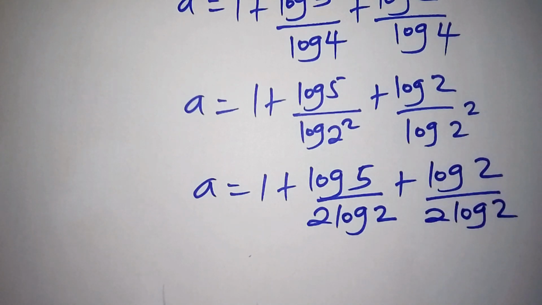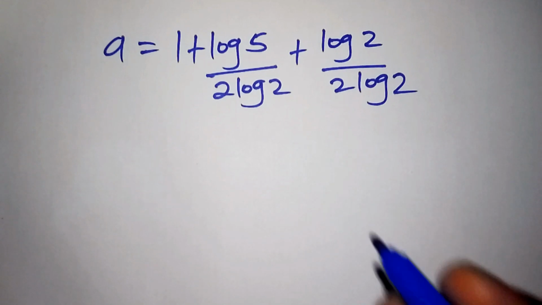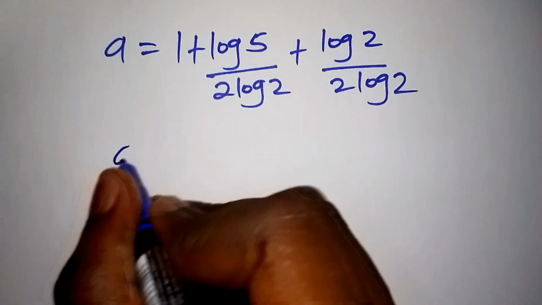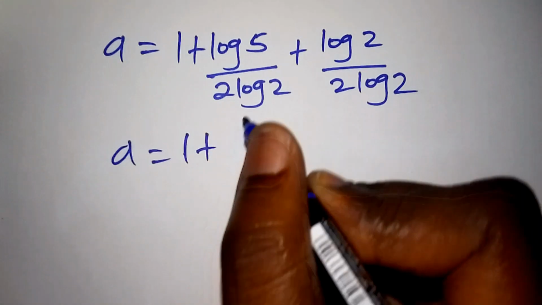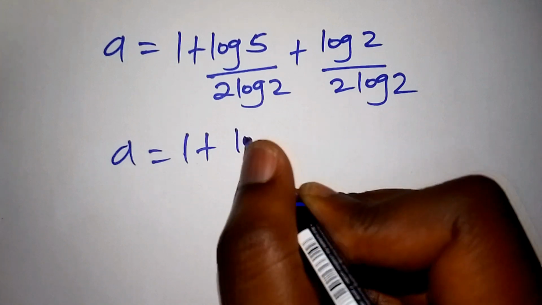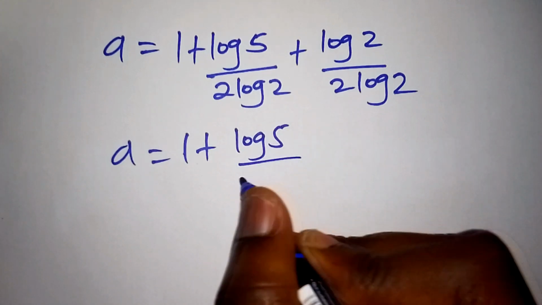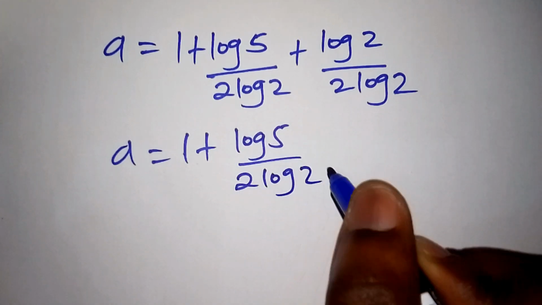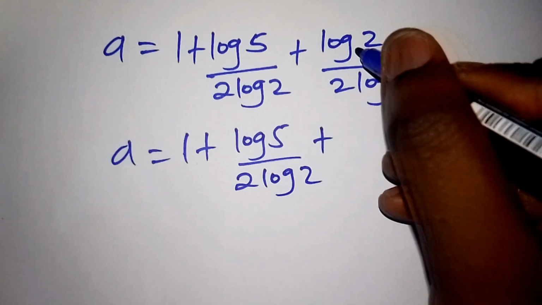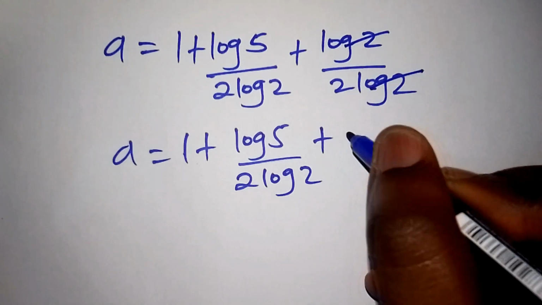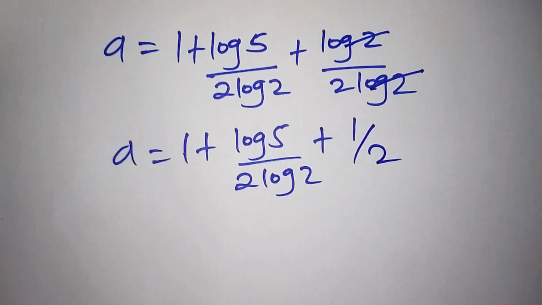Now we cancel whichever are similar. So a equals 1 plus the log of 5 over 2 log 2, plus, since log 2 and log 2 cancel, 1 over 2.